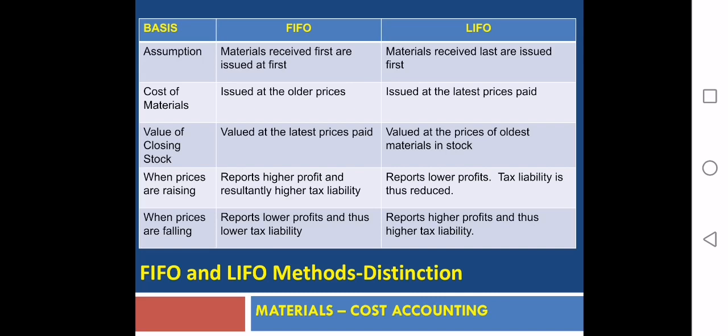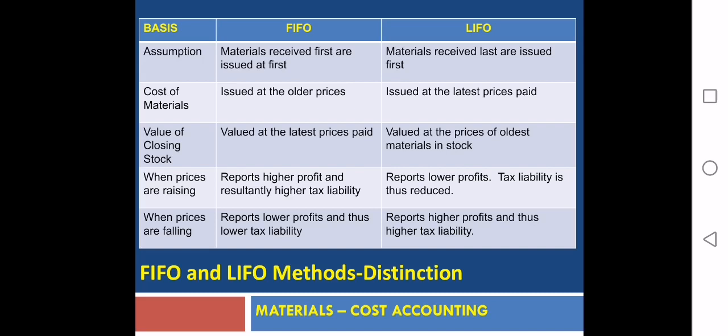Value of closing stock: the latest price is taken to compute the value of closing stock in the case of FIFO, and exactly the reverse in the case of LIFO, which values the stock on the basis of the oldest price. When prices are rising, just observe these two. What happens?